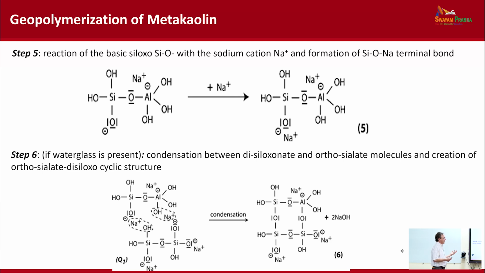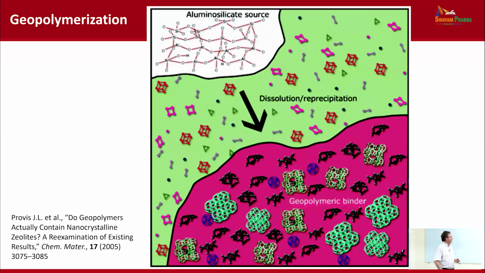And by doing that, you basically polymerize the species in the liquid, and you start forming a solid. So the material becomes a solid. So you have your aluminosilicate source, you have dissolution, and then you have precipitation or formation of a continuous three-dimensional network.